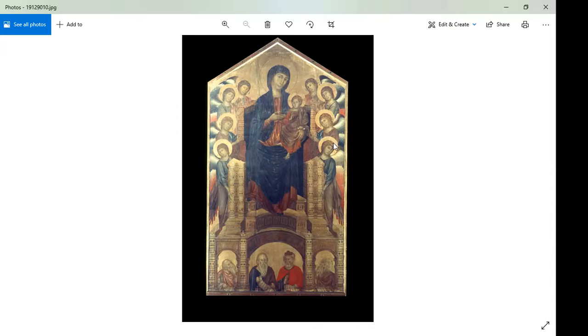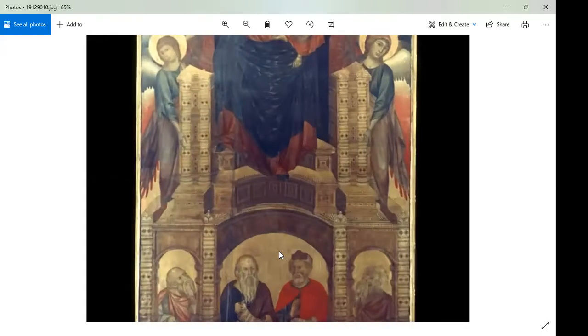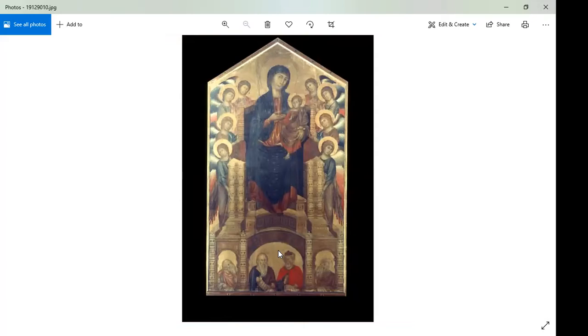And these are angels, if that's not obvious from their wings, right? So all of the background behind all the figures, and these are Jewish prophets from the Old Testament of the Bible. All the background is gold. And then we have holy figures. Well, all of them are. Obviously, they all have something to do with the Bible. We've got the Virgin Mary, mother of Jesus, Jesus himself, the angels, and the Jewish prophets, all of whom are mentioned in the Bible.